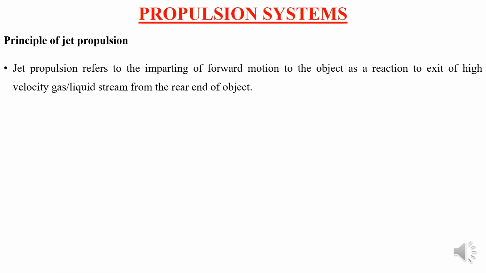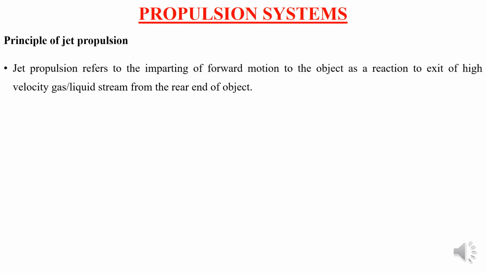So whenever you talk about propulsion systems, World War II witnessed this application, that is, the application of your gas turbine evolved during that time. Whatever engines were developed then, or witnessed during World War II, those engines are called jet engines.